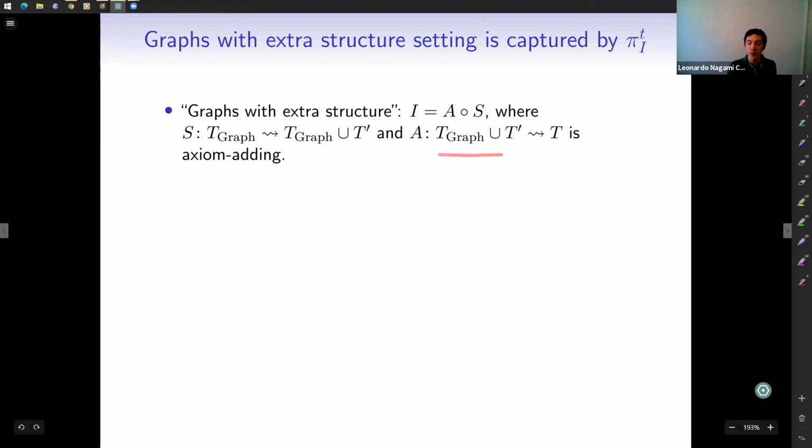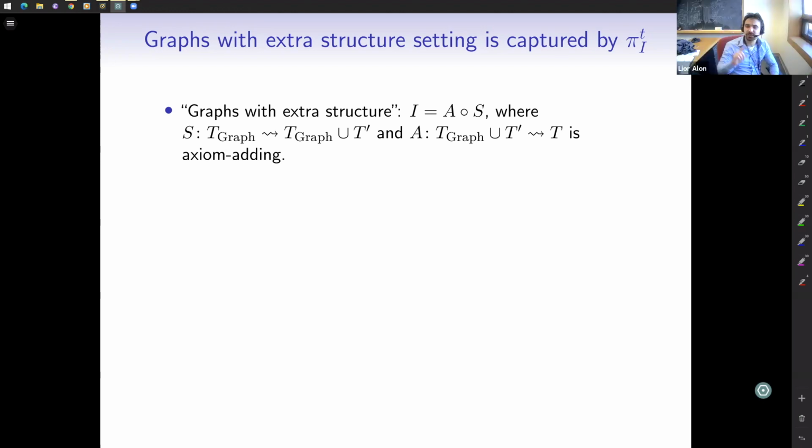And then on top of that theory, I forbid some subgraphs with extra structure, whatever that is. So I take the composition of both of them, and if I ask what the value of this pi_T of I is, what I'm asking is, what is the maximum possible density of T-cliques in F-free graphs with extra structure? You can tell me what the extra structure is, and you can tell me what the family is. Okay, so is everyone on the same page at this point?